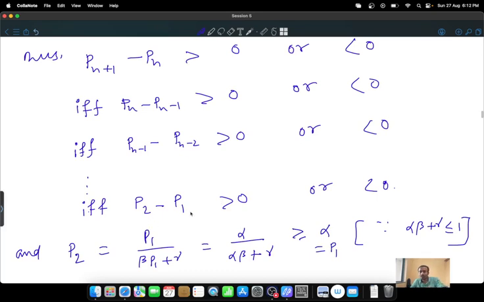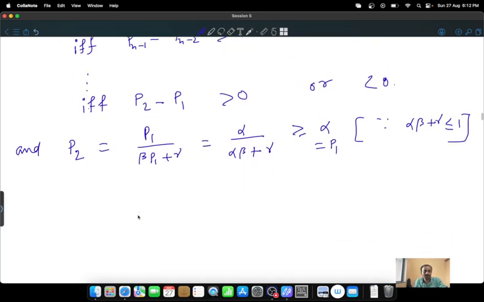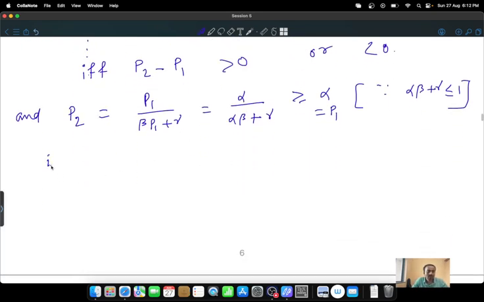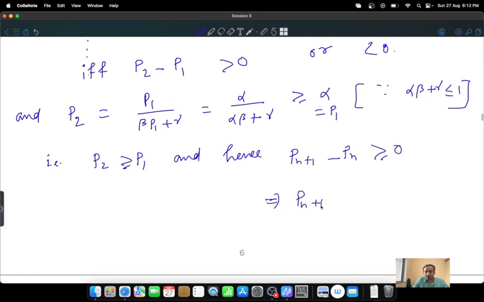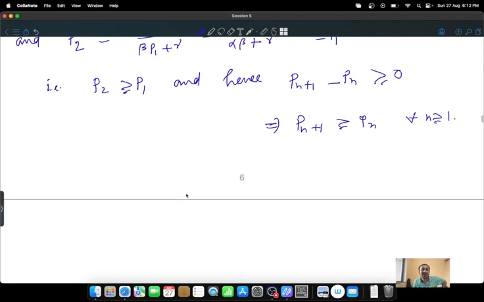So one condition that you already know is that P2 is greater than or equal to P1, and hence Pn plus 1 minus Pn is greater than or equal to 0, that is Pn plus 1 is greater than or equal to Pn, and that is true for all n greater than or equal to 1.